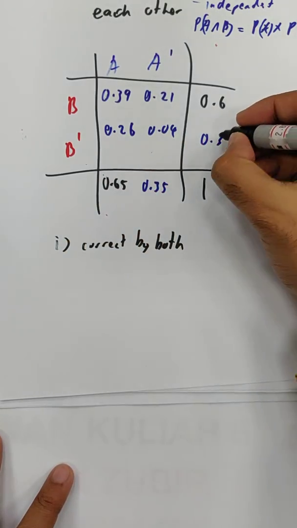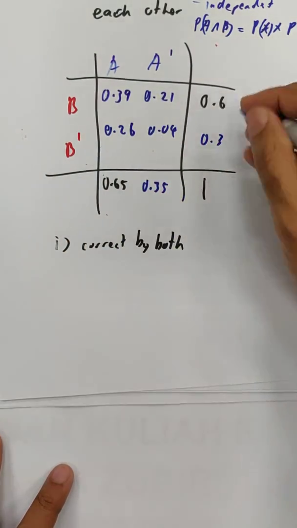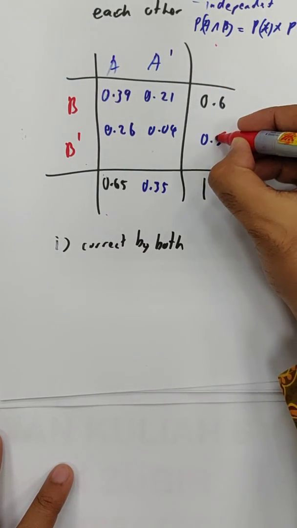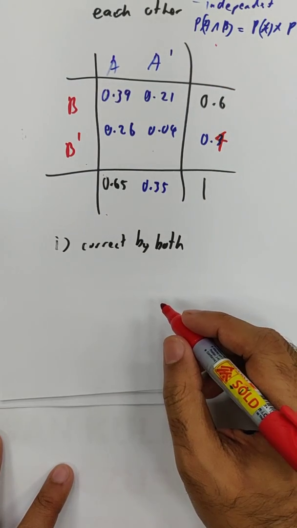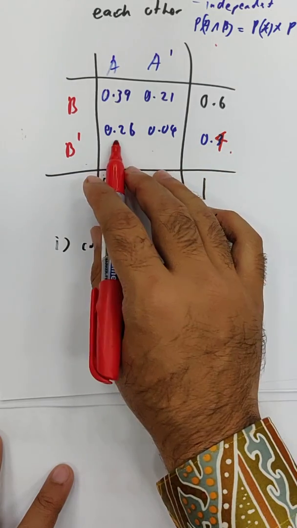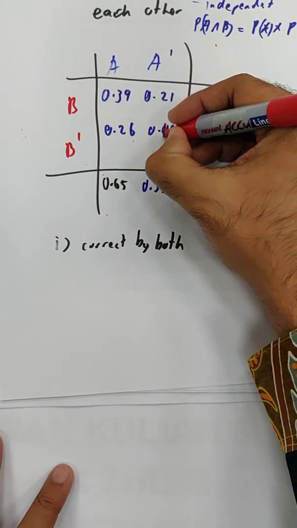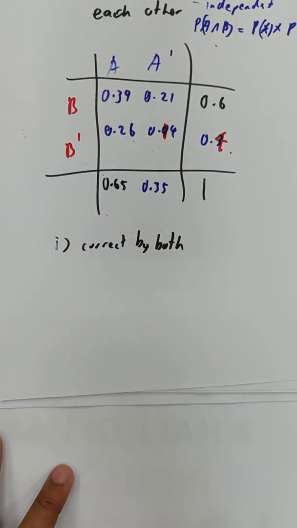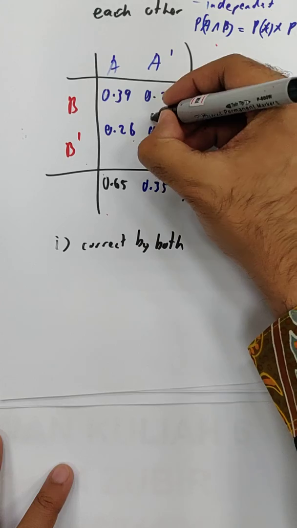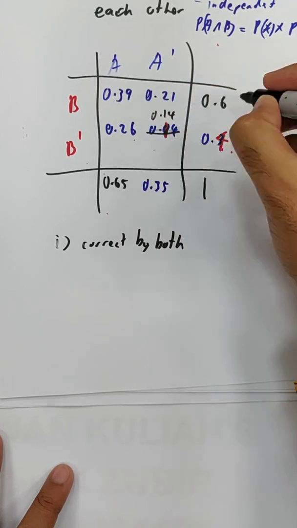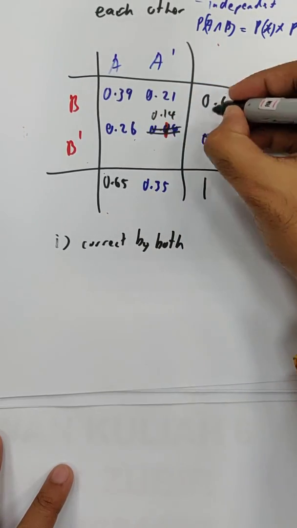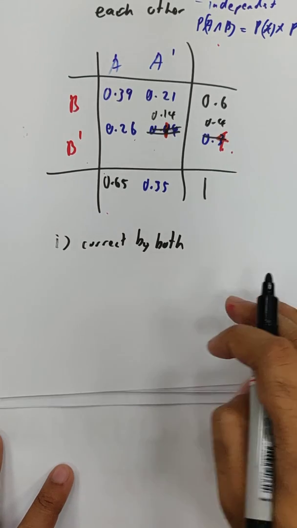Oh, 0.4 here, sorry. Did this one wrong, right? So going here, 0.14. That's going to take some time, but I was careful enough, sorry.